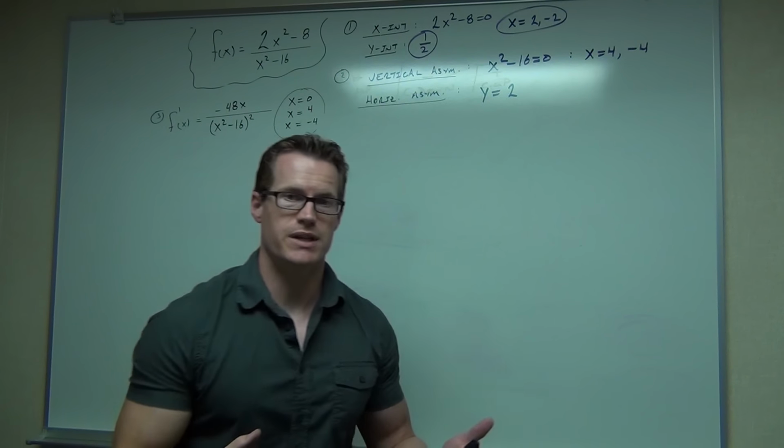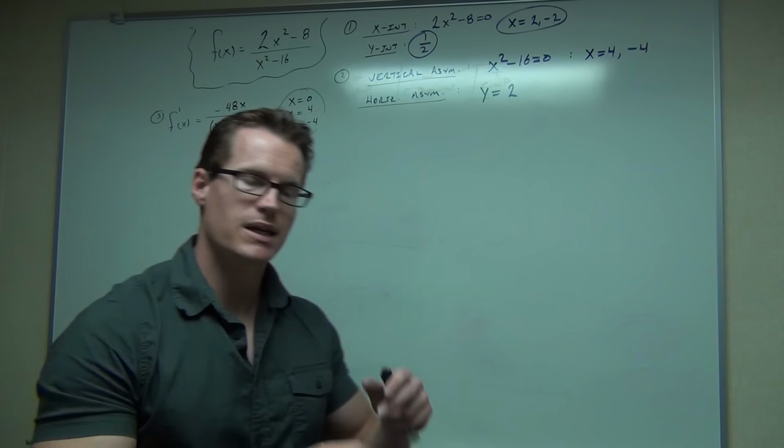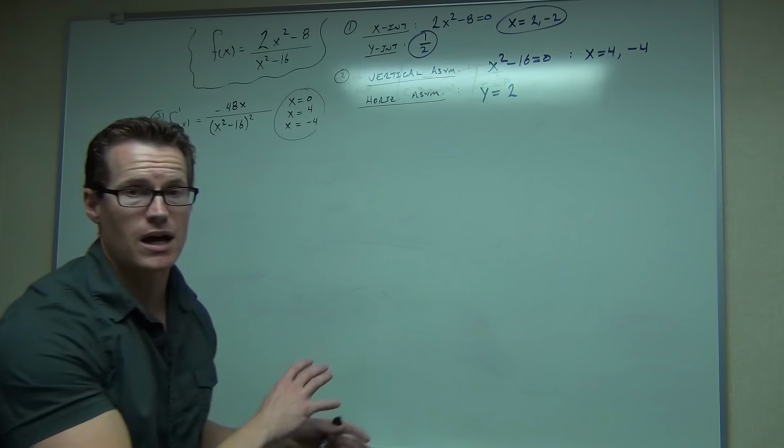Okay, the second derivative test is going to give you concavity. So let's take the second derivative and see what we get. Again, write this down, and I'll erase it when I'm done.